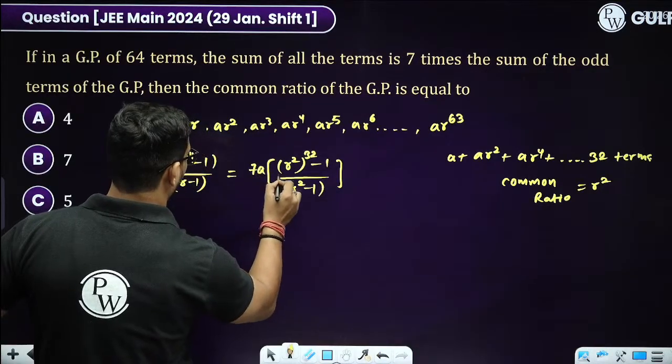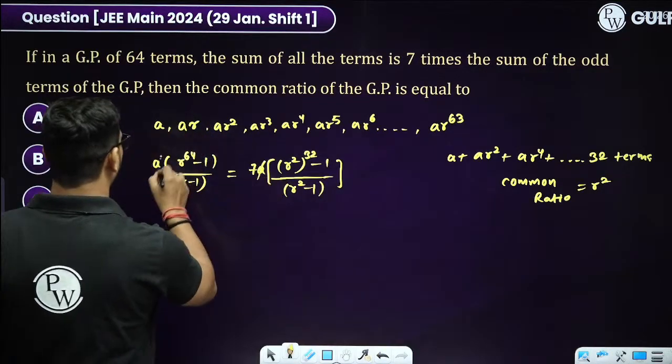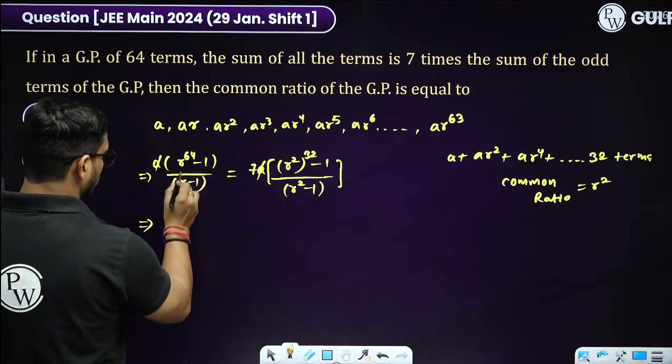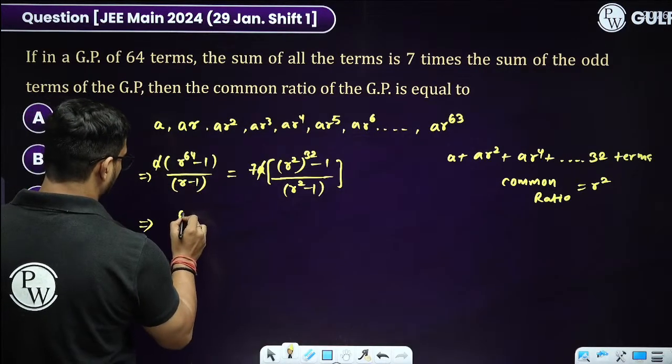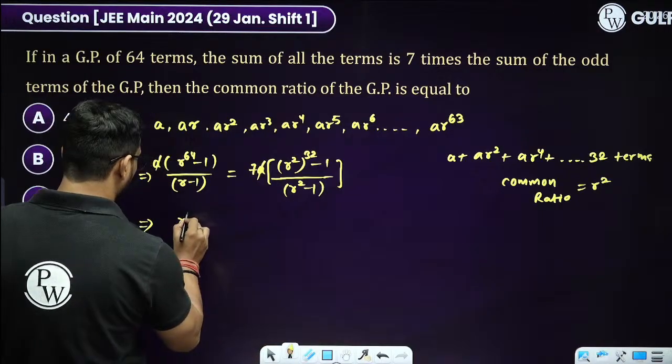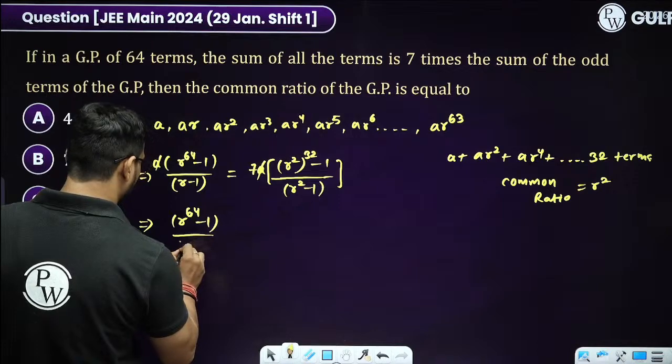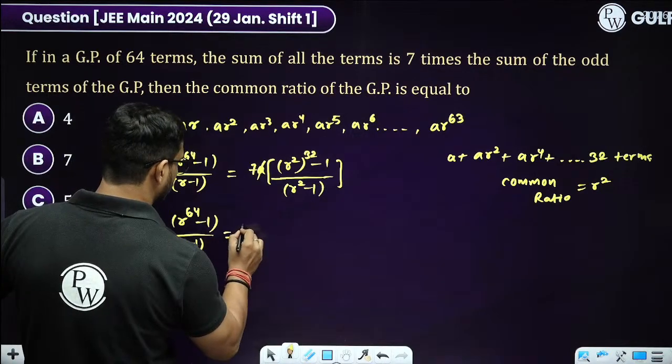Can I just say this? A here, not there. So this A and A gone. So this is R to the power 64, R to the power 64 minus 1 by R minus 1 equals to 7.